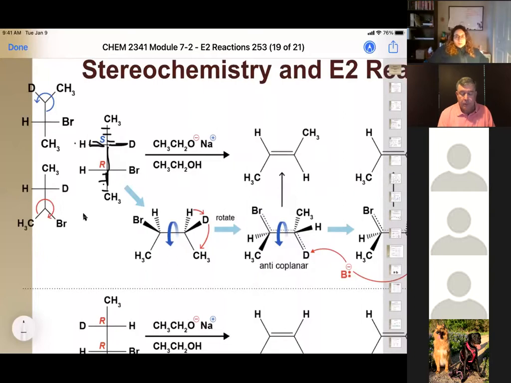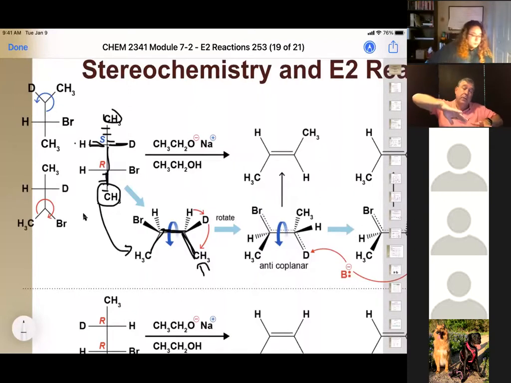When we translate that, we're going to have our carbon down, our carbon flat, and our carbon down. This methyl group is here, that methyl group is here. So that's just translating that two-dimensional object into our three-dimensional object. When we do that, we see that we have a bromine and a hydrogen here, but we don't have a hydrogen opposite our bromine. In this case, we're using deuterium to mark it as different than hydrogen.